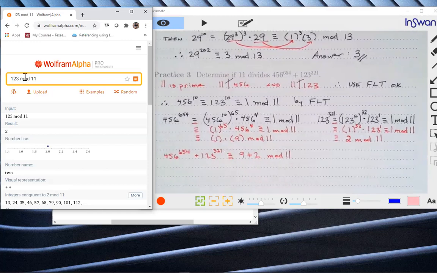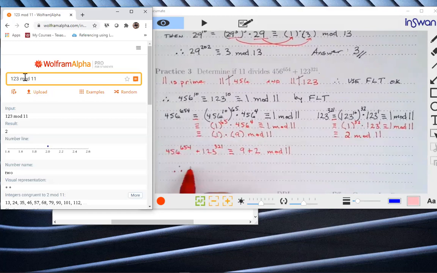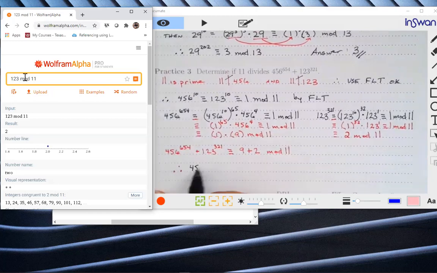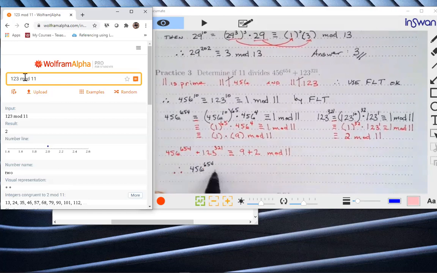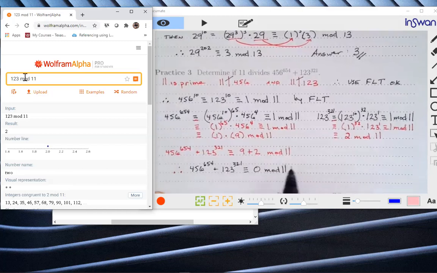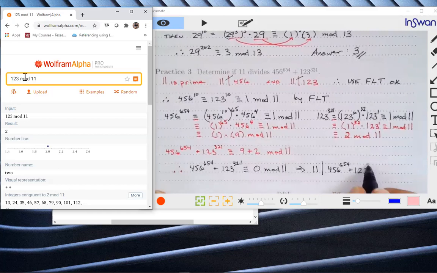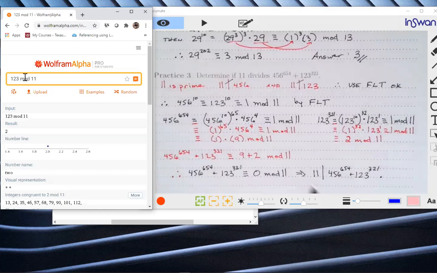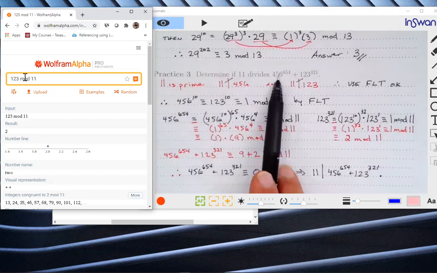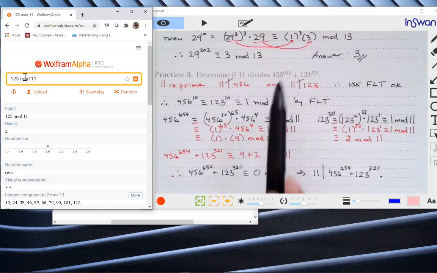All right, so therefore, 456 raised to the 654 plus 123 raised to the 321 is equivalent to 0 mod 11, which implies that 11 does divide 456 raised to the 654 plus 123 raised to the 321st power. So, to determine if 11 divides this number, the answer is yes, it does.